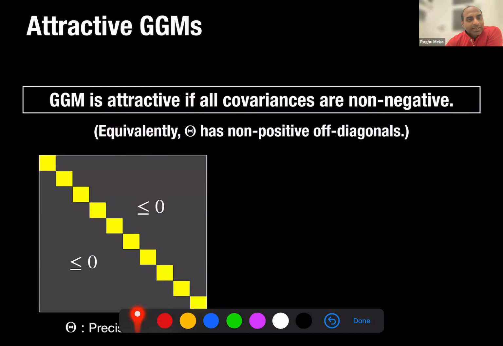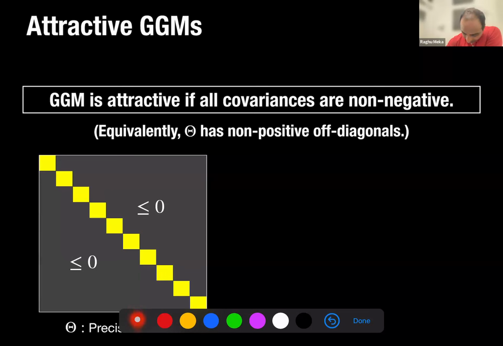The term attractive comes from physics, from ferromagnetism and so on. Basically, a GGM is attractive if all covariances are non-negative, meaning any two random variables are positively correlated, like in the random walk example. So any Gaussian graphical model where the covariances are all non-negative is called an attractive GGM.